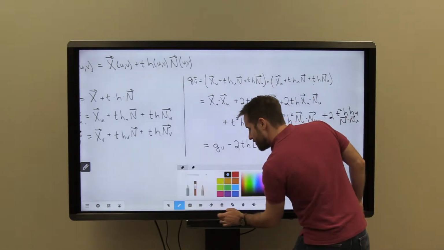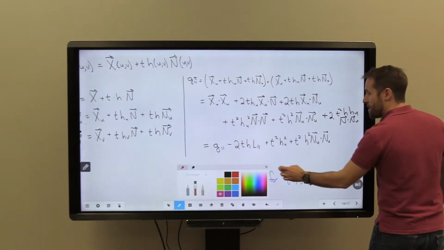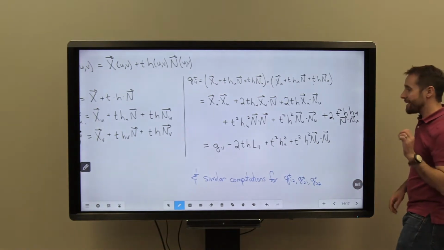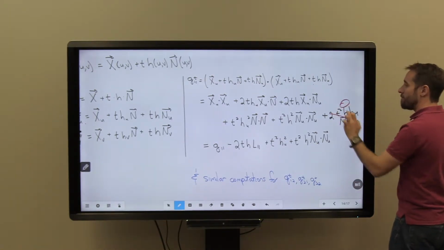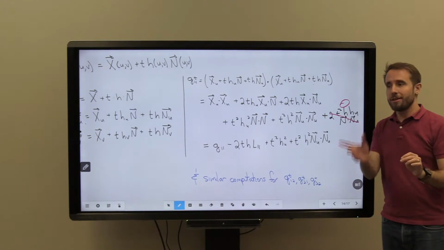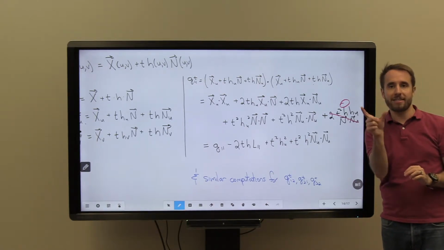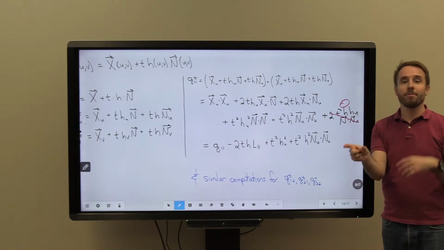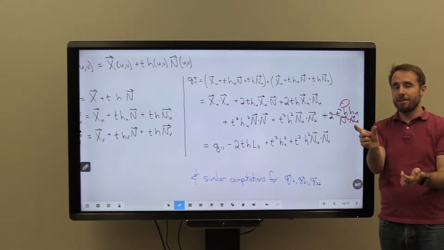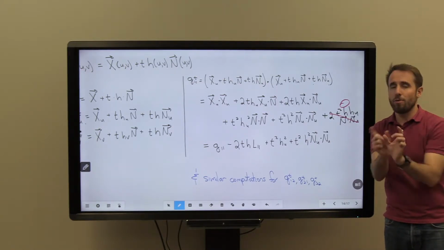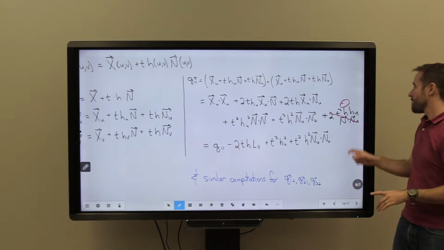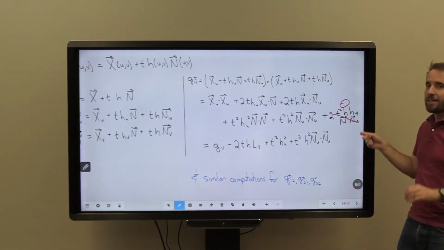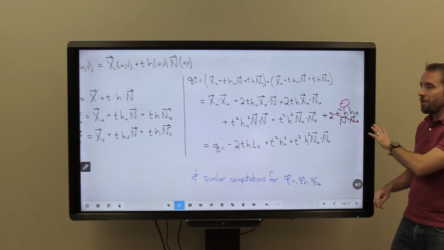The very first thing I'll do, I just added this nice term, I'm going to mark that out. It turns out that we do not need that. This term will be 0. The reason being, our normal vector n always has length 1, and as a result, n dotted with a derivative of n will always equal 0. So n dotted with the derivative of n equals 0, and that term is gone.